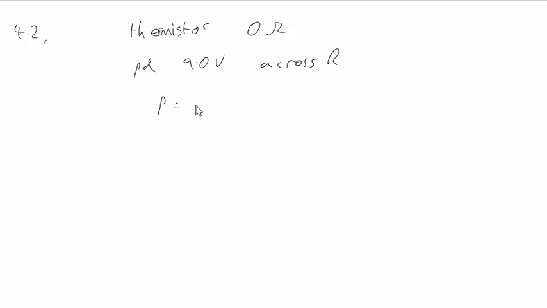And power is given by V squared over R. So we have 9 volts squared over a resistance of 0.25 times 10 to the 3. This gives a power of 0.32 watts required.